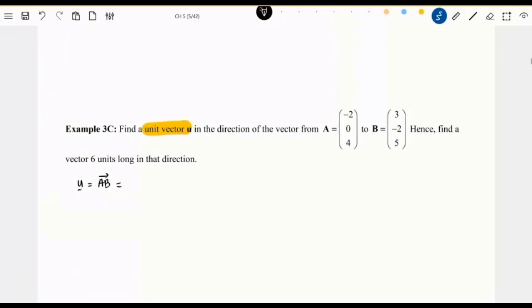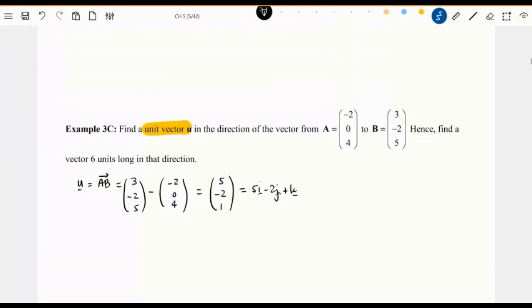So by column matrix, we know that yang belakang tolak depan, B3 negative 2, 5 minus negative 2, 0, 4. So it's gonna be 5, negative 2, 1. So we put in term of direction vector, position vector, 5i minus 2j plus k.